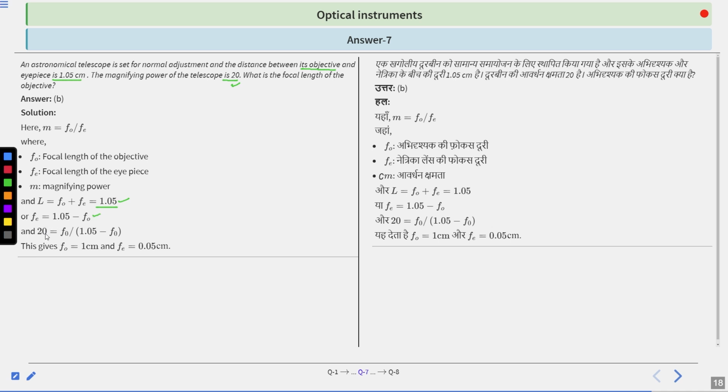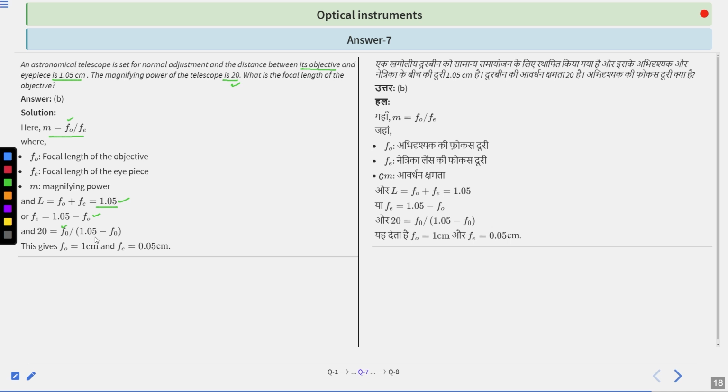After putting FE, which is 1.05 minus FO, in the formula, FO divided by this term is equal to 20.